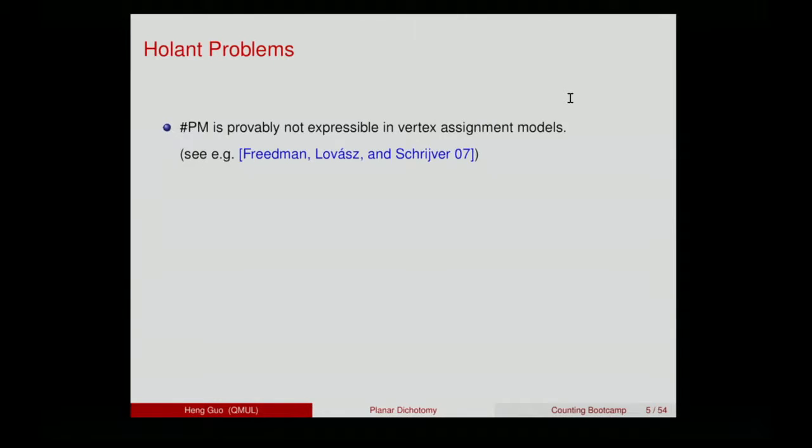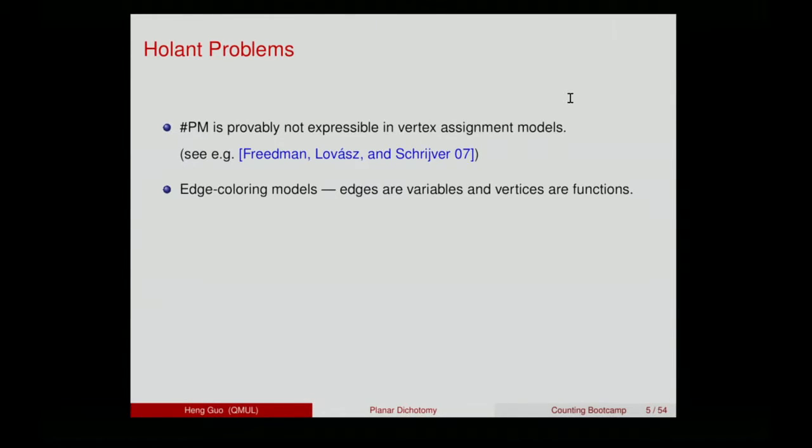So it's somewhat difficult to express exactly in CSP. But we do have a CSP that is equivalent in the approximation sense to counting perfect matchings, which is the Ising model with some negative weights. But here we are mainly considering exact computation.